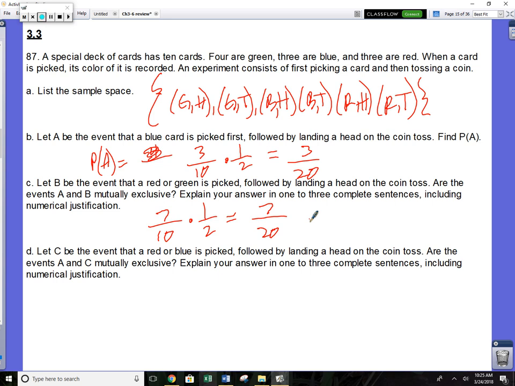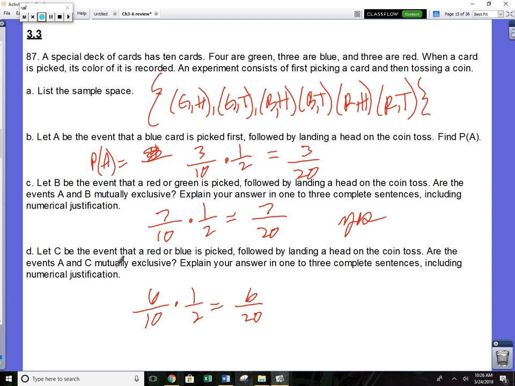Are A and B mutually exclusive? A was a blue and B was a red or green, so the answer is yes. There is no intersection. Let C be the event that a red or blue is picked. We got 3 blue, 3 red, so that is 6 out of the 10. By a head toss, that's 1 out of 2, so that is 6 out of 20. Now are these mutually exclusive?